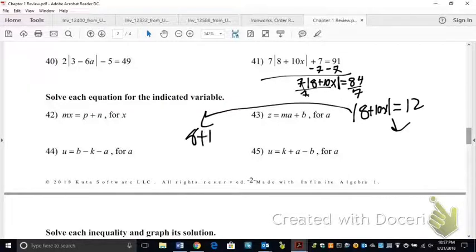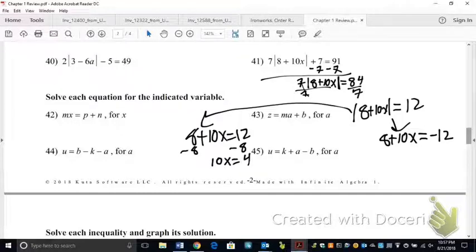First, we write it just the way it is: 8 plus 10x equals 12. And then we write it as 8 plus 10x equals negative 12. So we're going to follow now to isolate the x because we have 8 plus 10x on both sides. We're going to start off by subtracting 8. So we're going to get 10x equals 4.